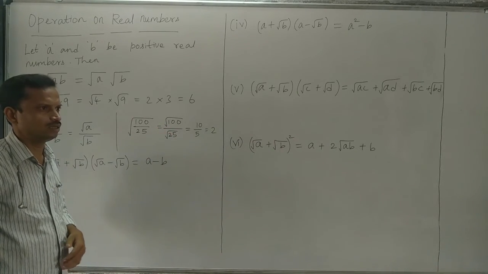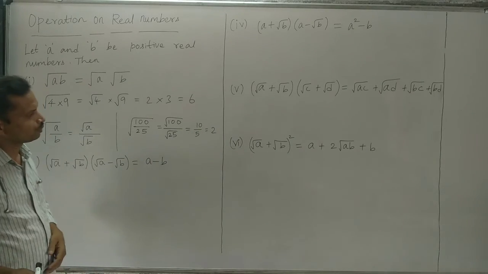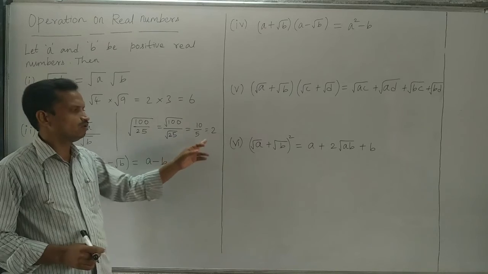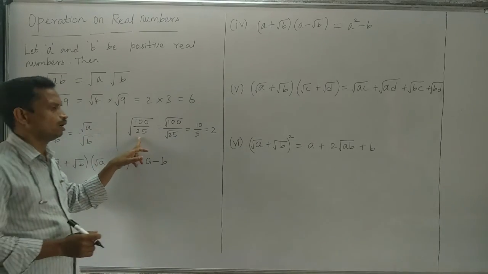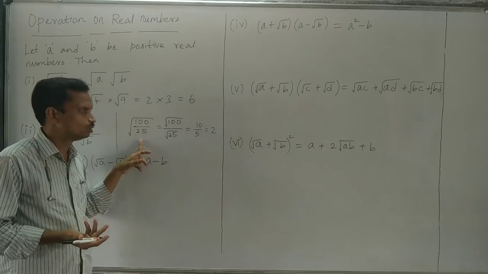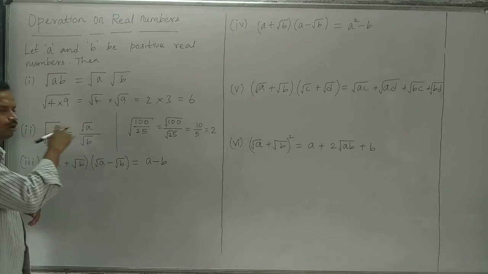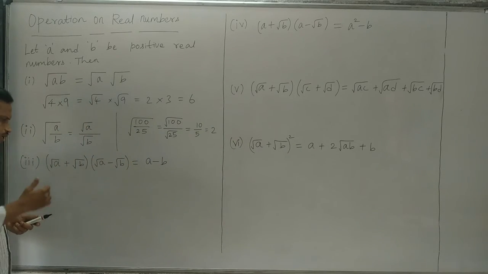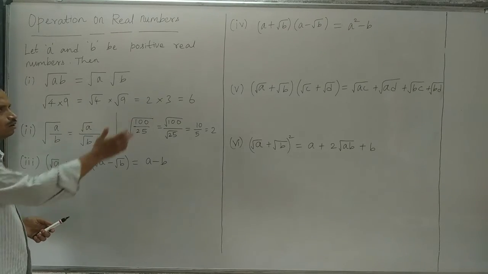Again root 100 you can write as 10 and root 25 as 5, and 10 by 5 is again 2. Whereas coming to the straight way, 100 by 25 you know is 4, so square root of 4 is what? 2. The answer is 2 only. So this is the formula. Like that we can give any number to all these formulas.